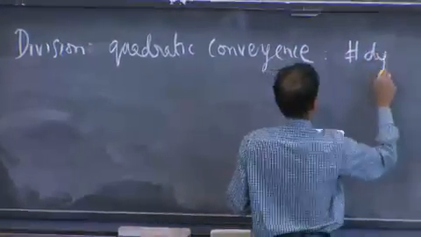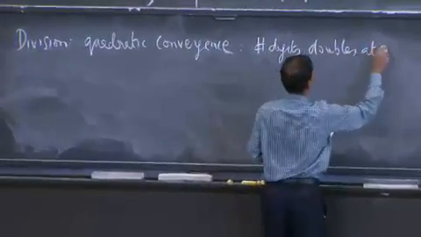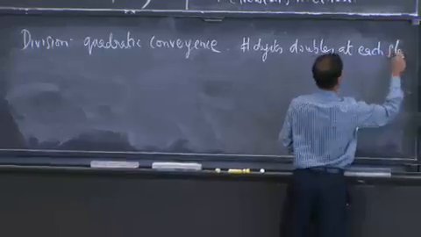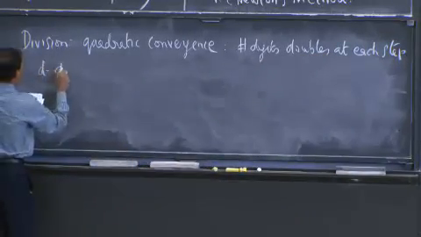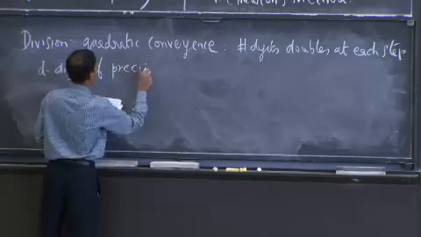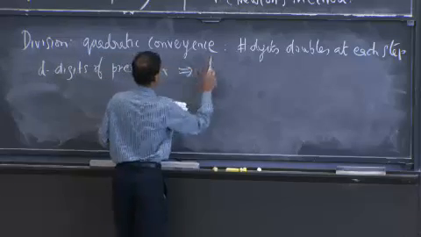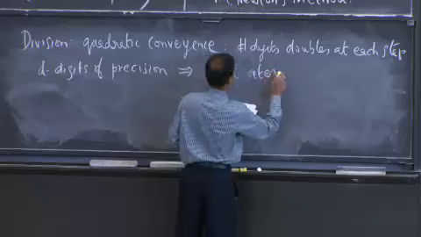So the number of digits doubles at each step. Good news. So d digits of precision takes log d iterations.